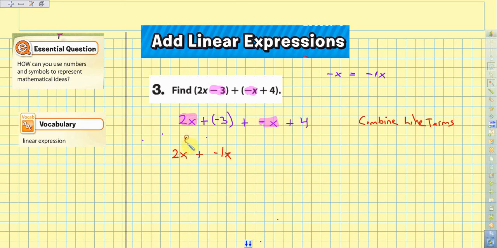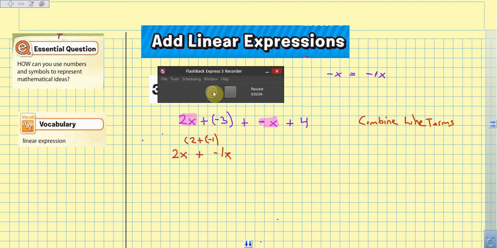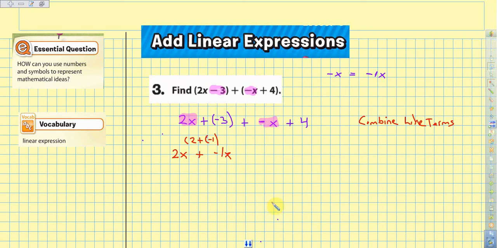Or in other words, think of 2 plus a negative 1. Okay, so we have this 2 plus a negative 1. That's going to give me 1. So I'm just going to have x left over. That gives me 1x. That's just going to be x. Okay, so that's kind of what happens with our 2x plus the negative x. We came up with just 1x.